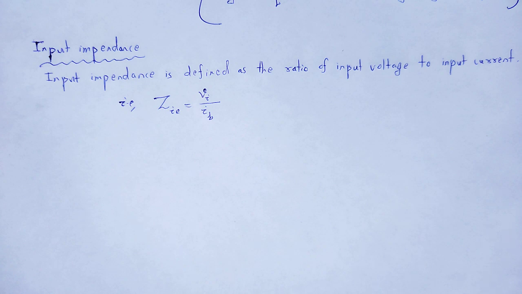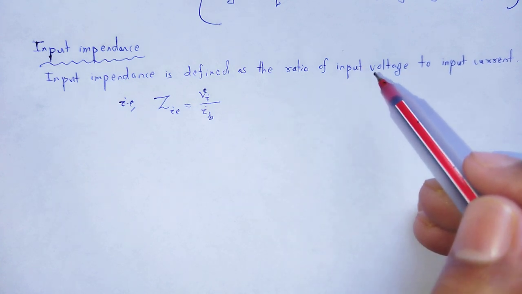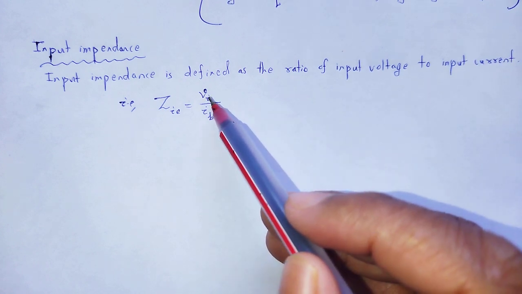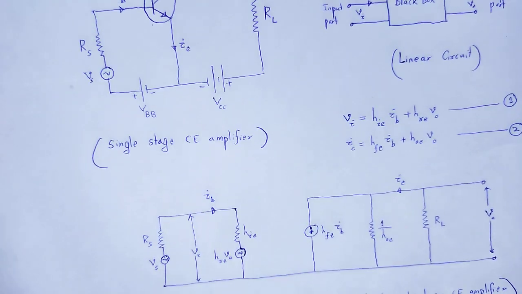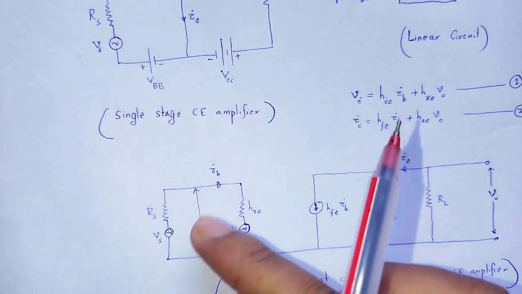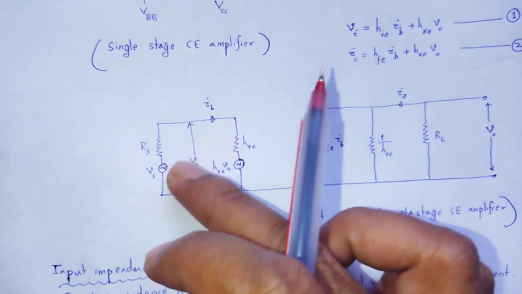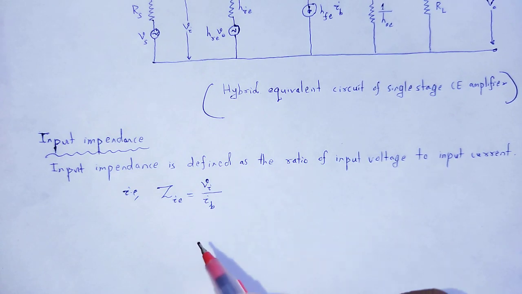Definition of input impedance: it is the ratio of input voltage to input current, voltage by current. Input voltage VI, input current IB.